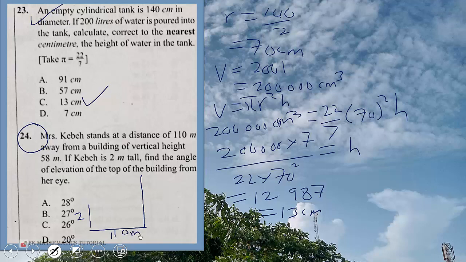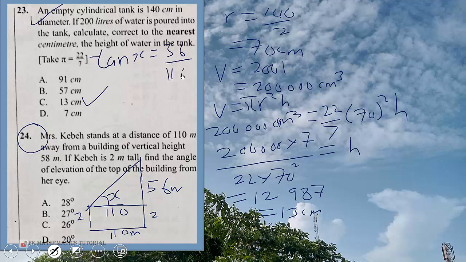Then we're told that the building is 58 meters, so this is 2, so this will be 56 meters. So we are looking for this angle, let's call it angle x. This is 110. So coming back here, tan x will be equal to opposite, which is 56 over 110.